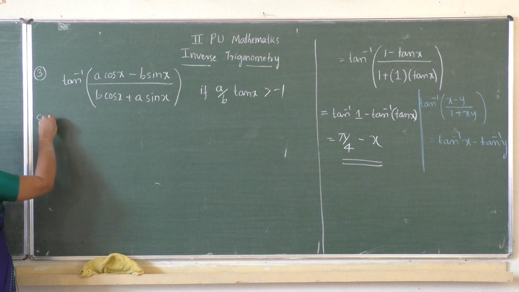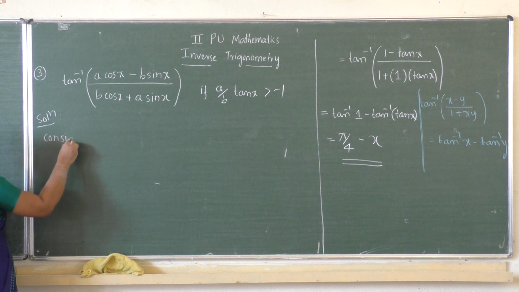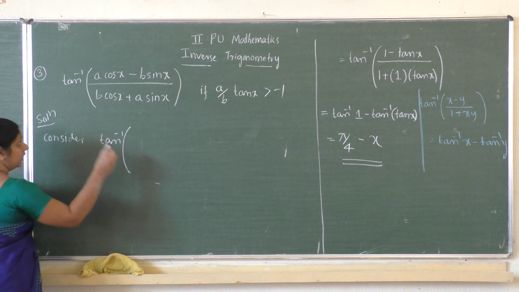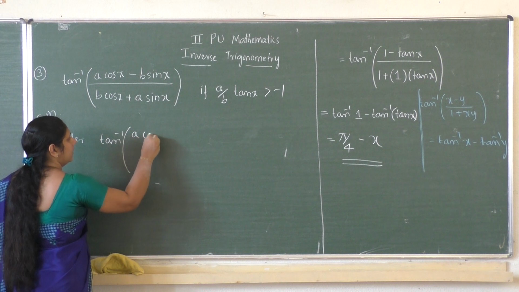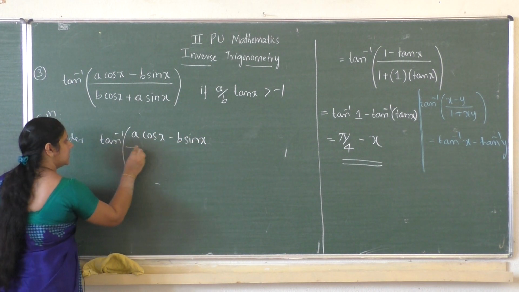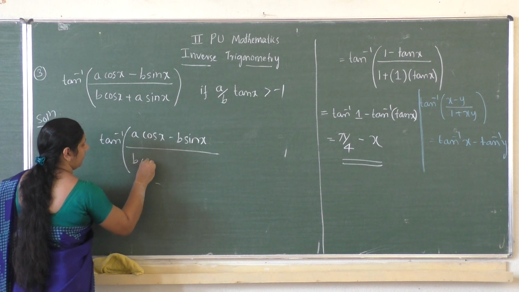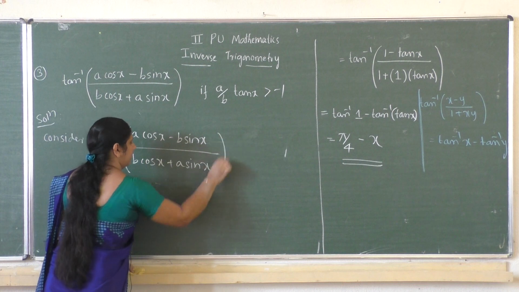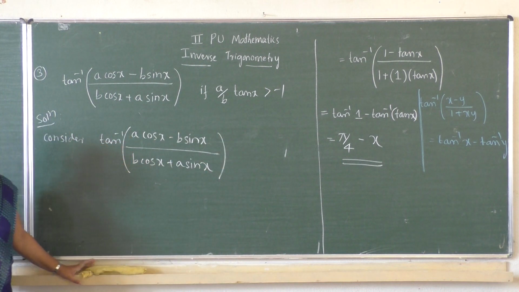So let us consider the required term. The given term is tan inverse of (a cos x minus b sin x) divided by (b cos x plus a sin x).